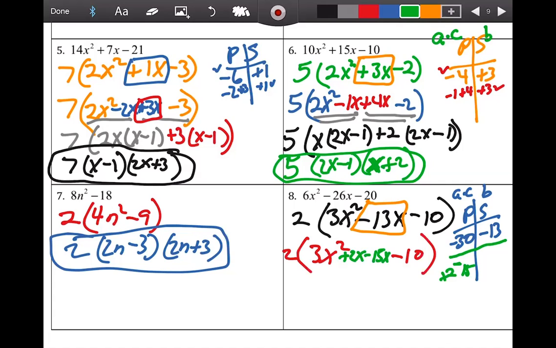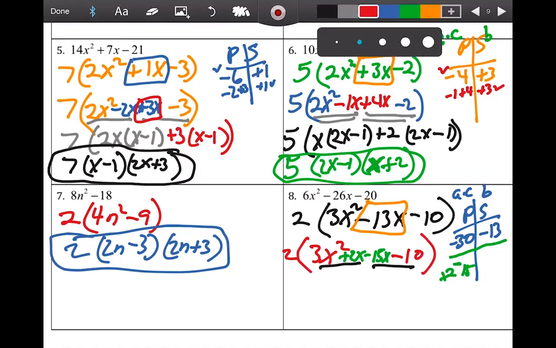And now that I have 4 terms, I can put them into 2 groups of 2. First group of 2, second group of 2. All right, so let's bring the 2 down.